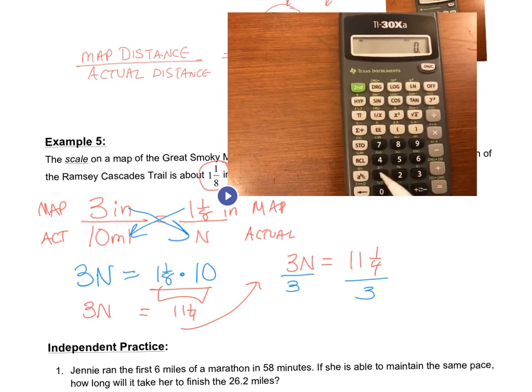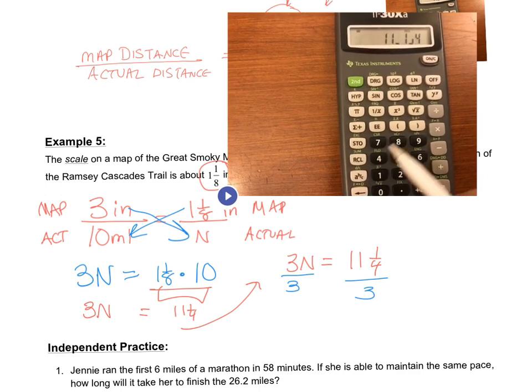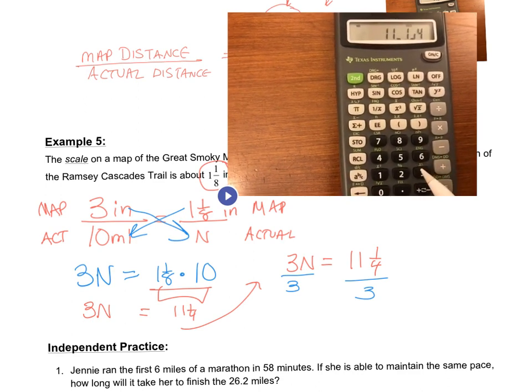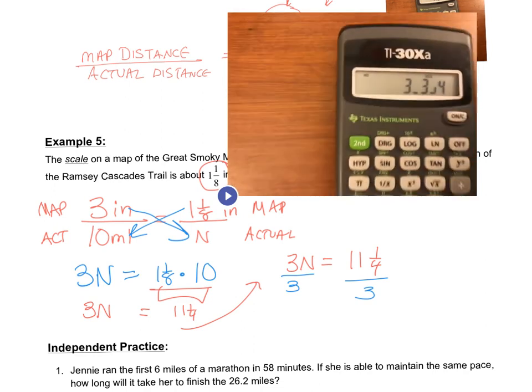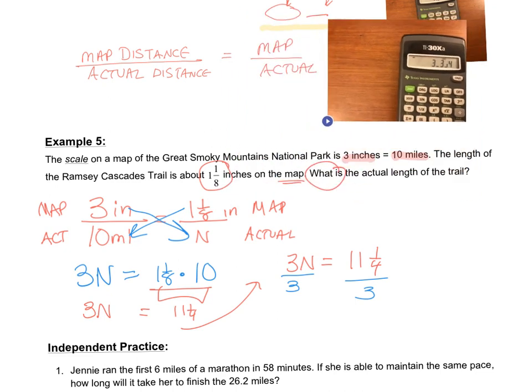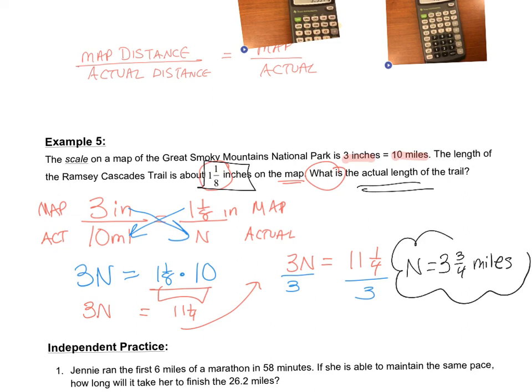You would do 11 and 1 over 4 divided by 3 equals, and that tells it's 3 and 3/4. So the answer after you divide is that n is equal to 3 and 3/4. What this is saying is that if you measure 1 1/8 inches on the map, the actual length is 3 3/4 miles. And that's your answer.